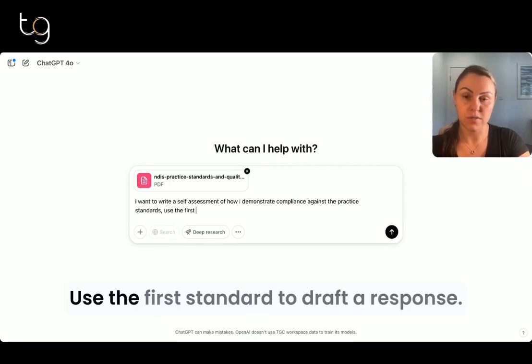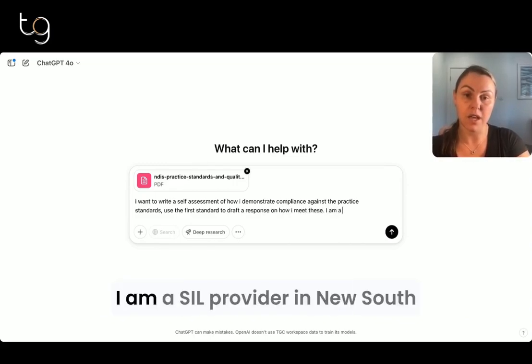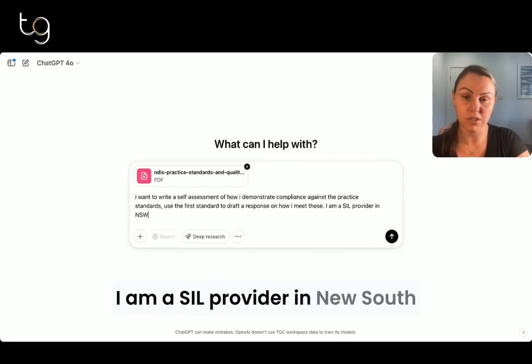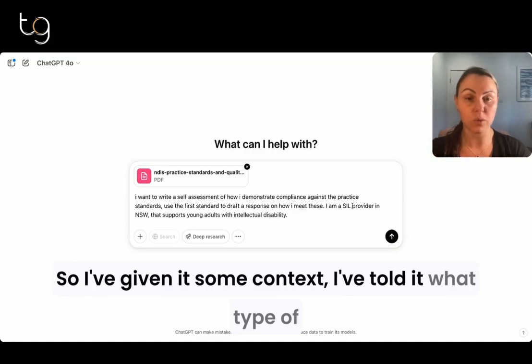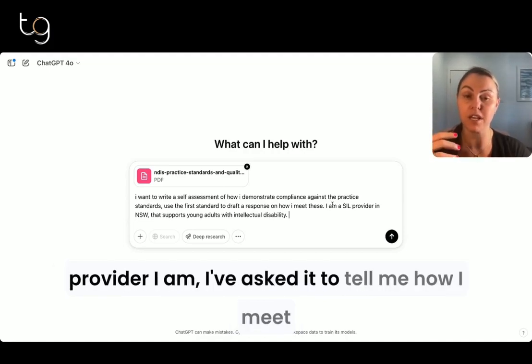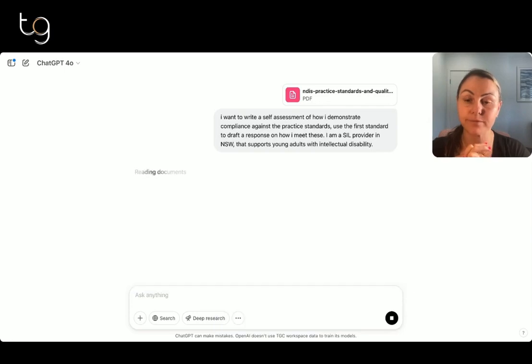Use the first standard to draft a response on how I meet these. I am a SIL provider in New South Wales that supports young adults with intellectual disability. So I've given it some context. I've told it what type of provider I am. I've asked it to tell me how I meet these, and I've asked it to do the first standard.